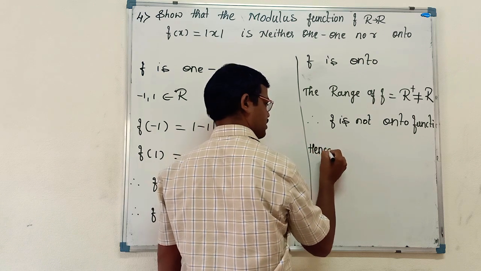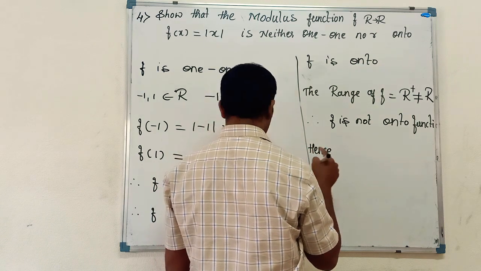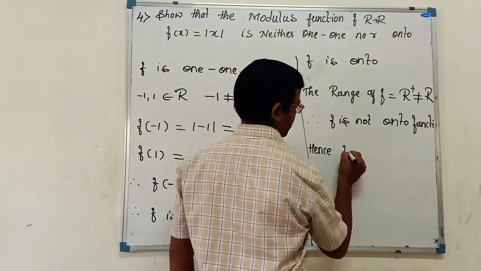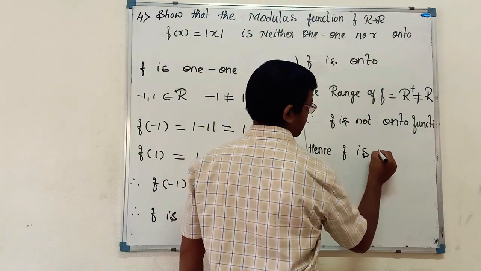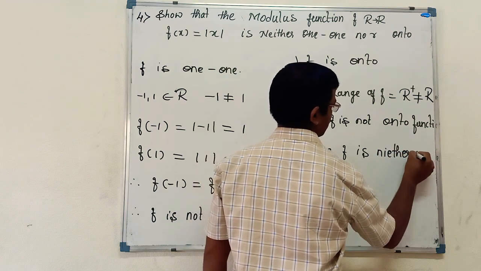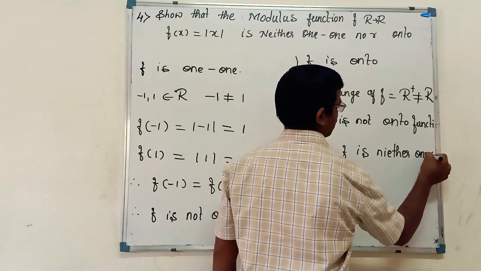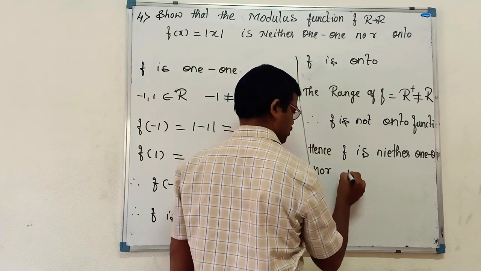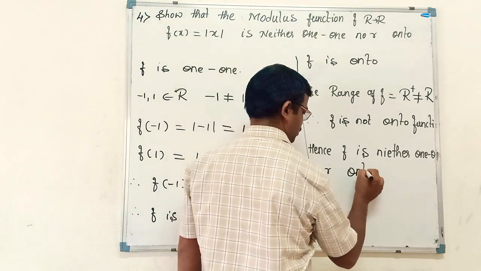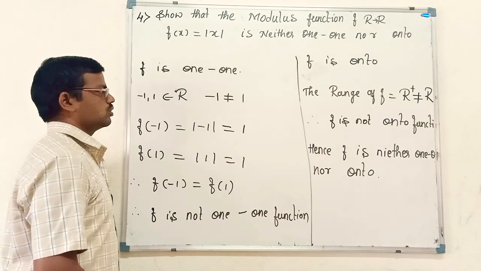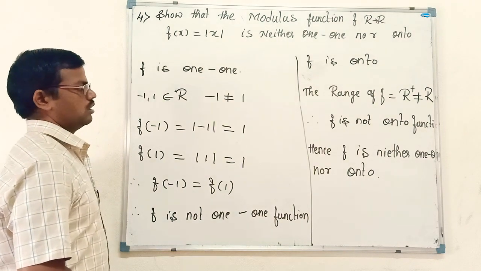Hence f is neither 1-1 nor onto. So this completes the modulus function.